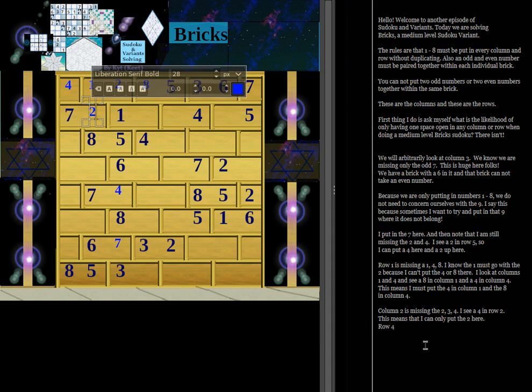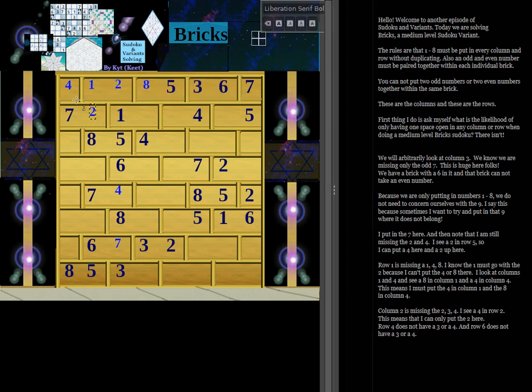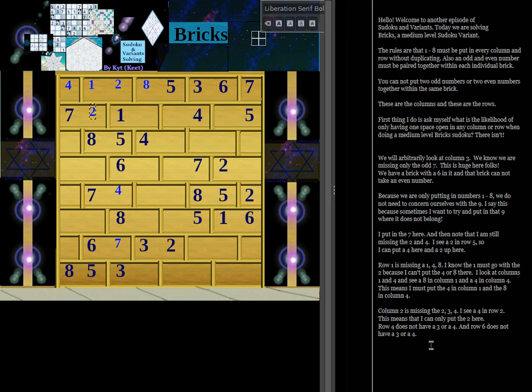Row 4 does not have a 3 or a 4, and row 6 does not have a 3 or a 4. The most I can do is pencil them in.